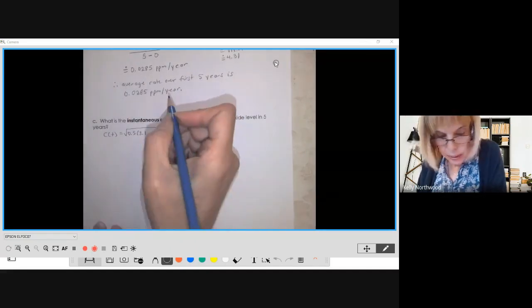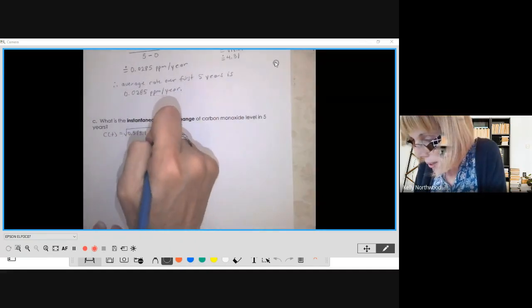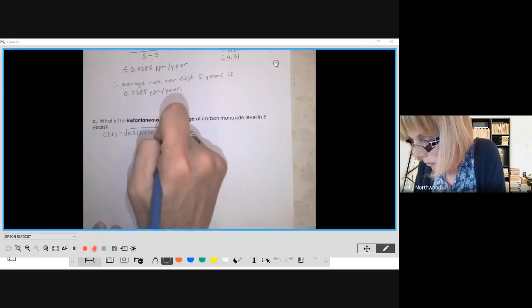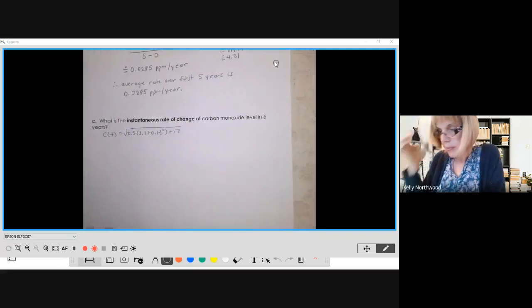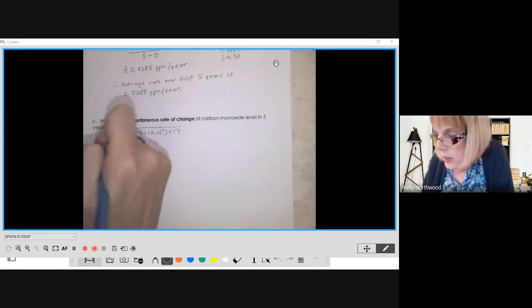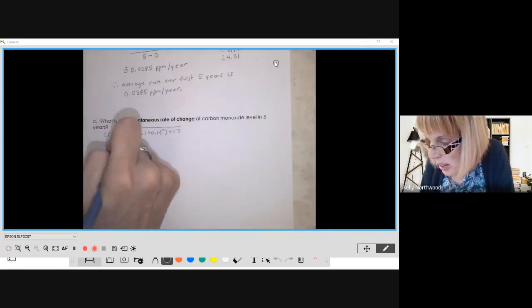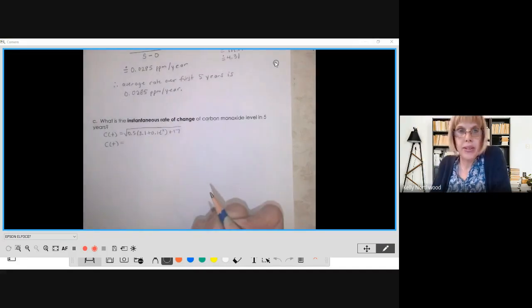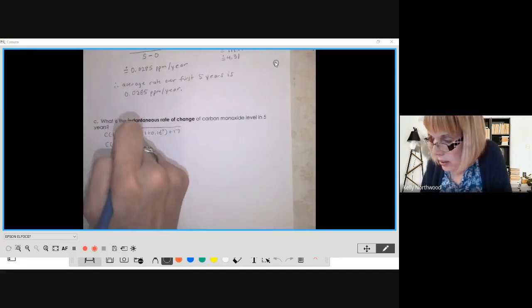In my rewrite step, I always want to make things as easy to take the derivative as possible for myself. So I'm not only going to write this as something to the 1/2, but I'm going to simplify under the square root sign.